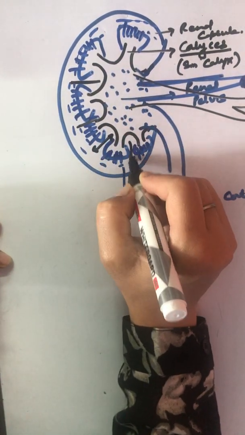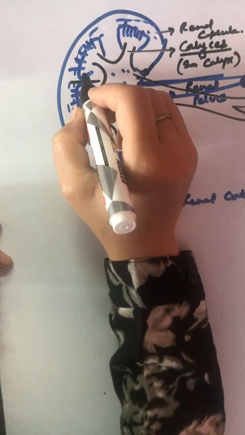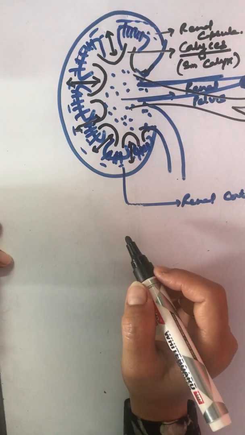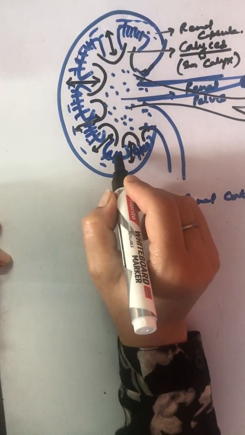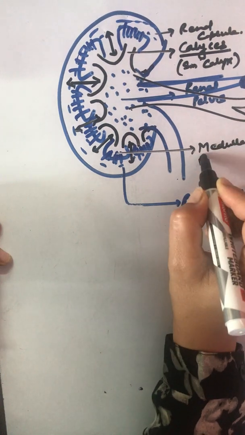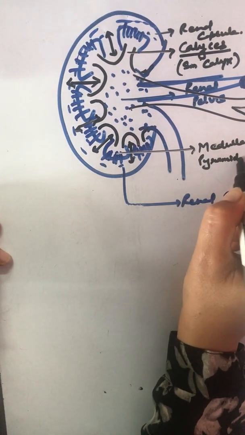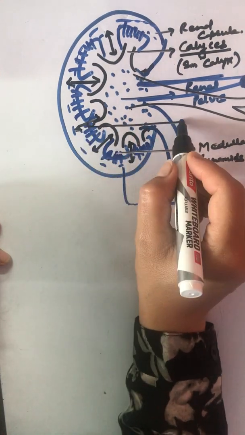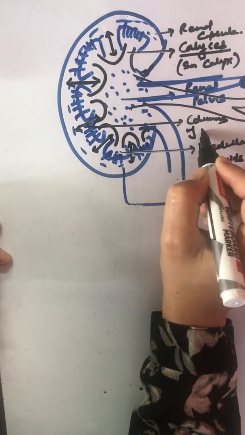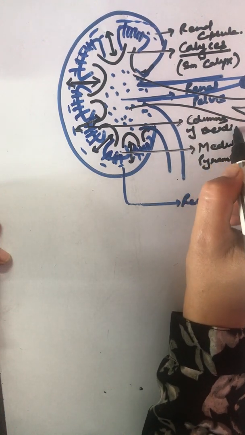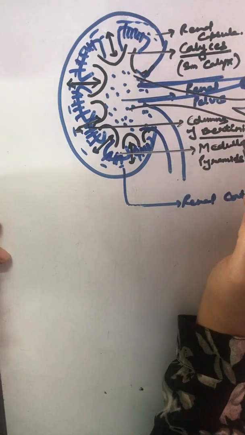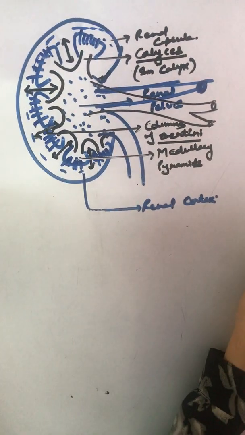This is one column, second column, third one, fourth and fifth. Alright, these are the medullary pyramids, and these columns are known as columns of Bertini. The name is a bit different: B-E-R-T-I-N-I, columns of Bertini.